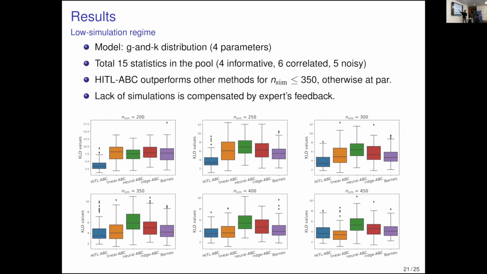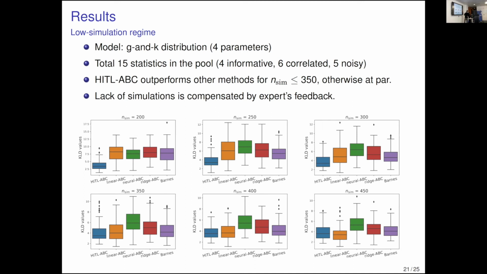What we see is that when the simulation budget is low, we perform better. After a while the linear ABC catches up, and the other methods also perform fairly okay. So the advantage is exactly when the number of data points is low.